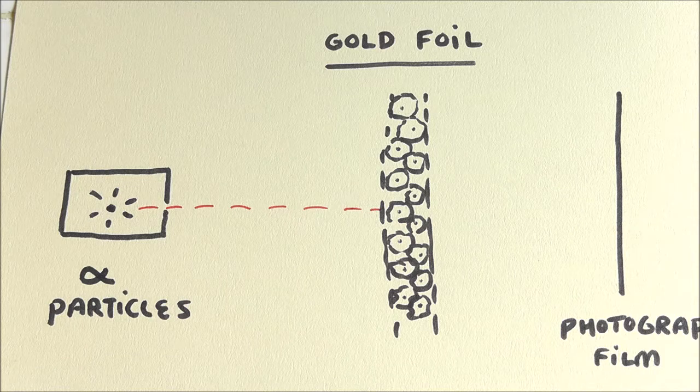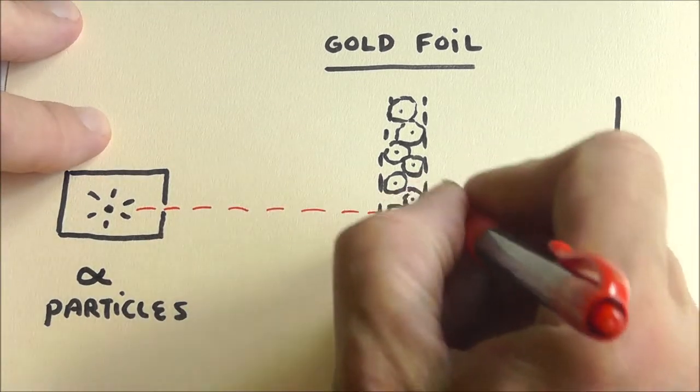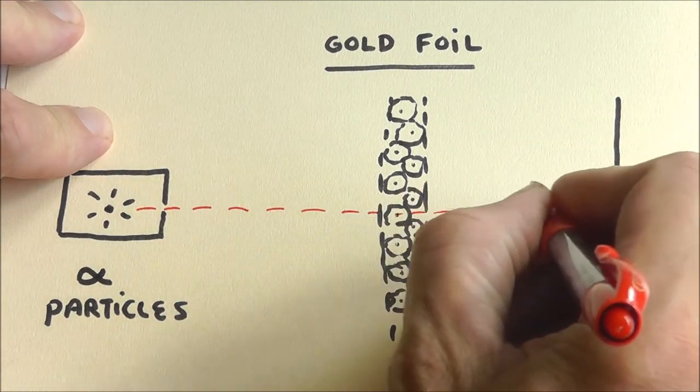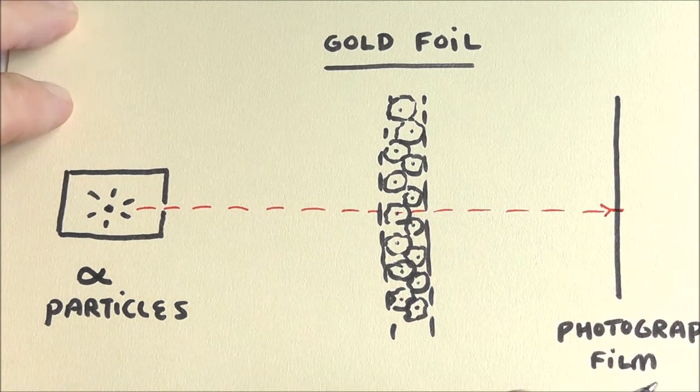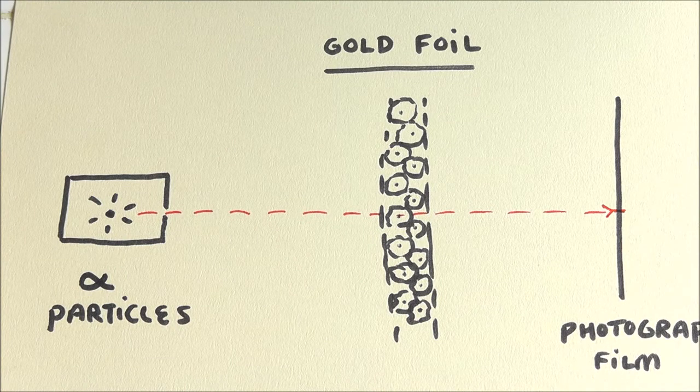What does that mean? That means that some of the alpha particles went straight on through, and they hit this photographic film and left an impression. Silver chloride, if you hit it with enough energy, photographic film doesn't need visible light. It could use all sorts of different things to make it have a reaction.